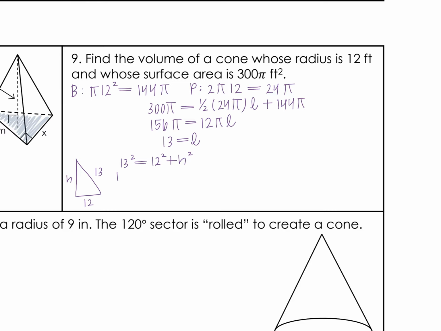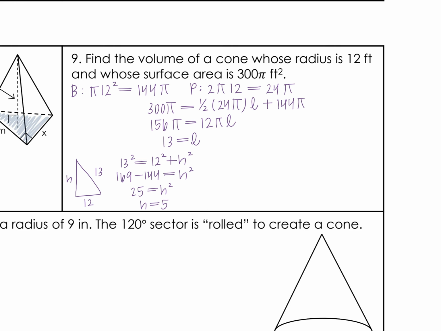We'll get 169 minus 144 is going to be equal to my h squared. And so when I subtract, I'm going to get 25 is equal to h squared. Therefore, my h is just going to give me 5.